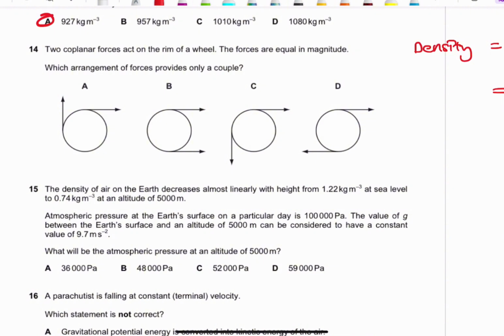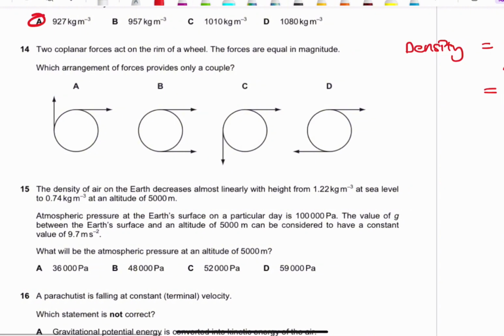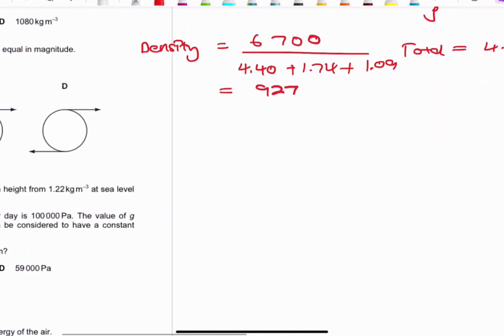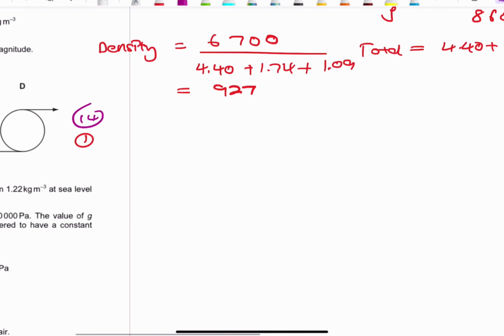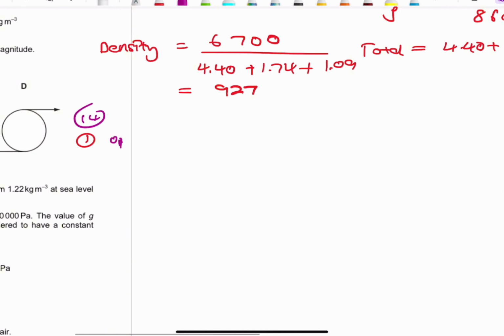For the arrangement that provides only a couple, you need to adhere to certain conditions. Number one, they need to be opposite in direction. Number two, they need to be of same magnitude.